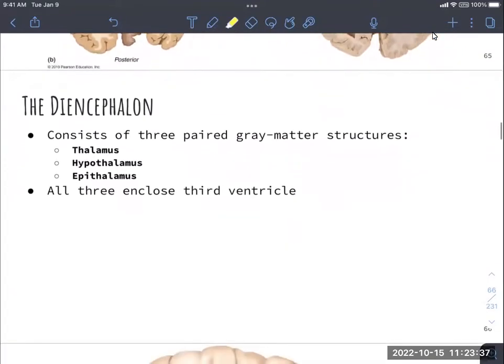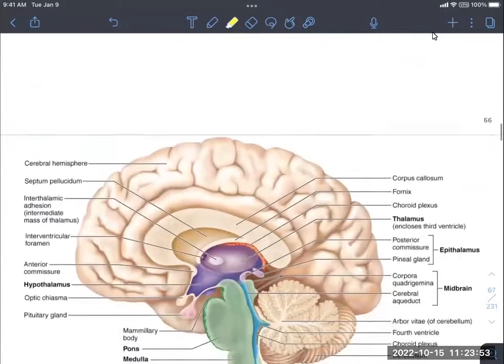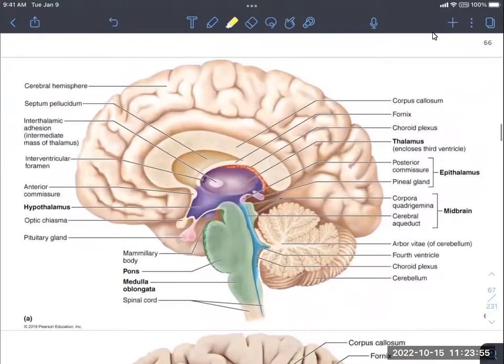How about this diencephalon? That diencephalon has the thalamus, hypothalamus, and epithalamus, and they're all by that third ventricle. So here's our thalamus, our epithalamus, and our hypothalamus.